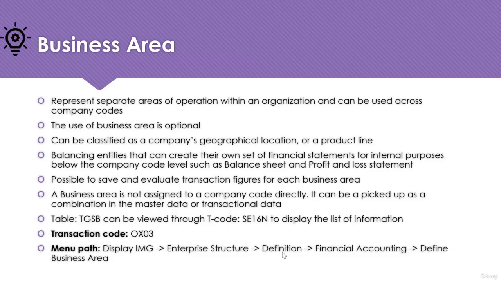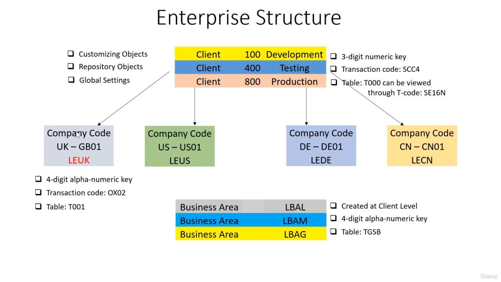Before I go into the SAP system and create business area, I want to give you further information on what it means when I say that the business area is created at client level. Basically, any object that is created at client level is valid for all the company codes.